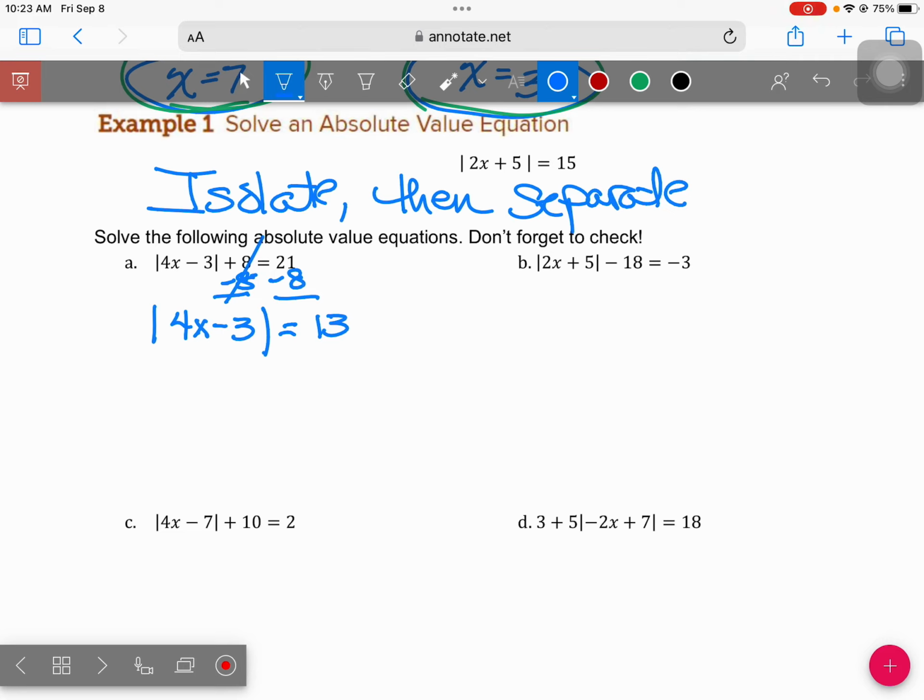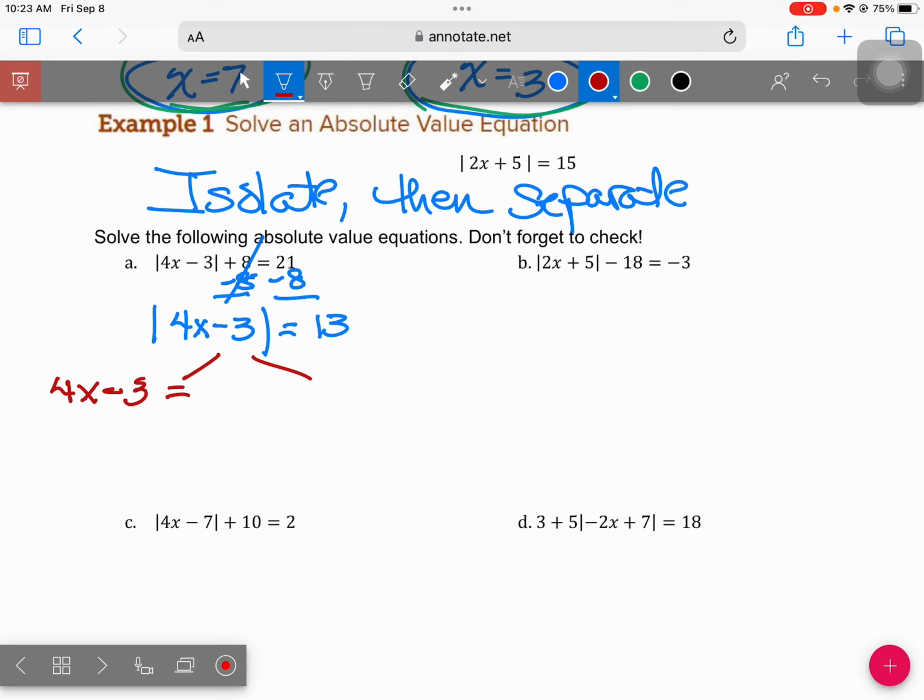So now it is isolated. It is by itself. And I can separate. So we are basically saying what two values are 13 units away.